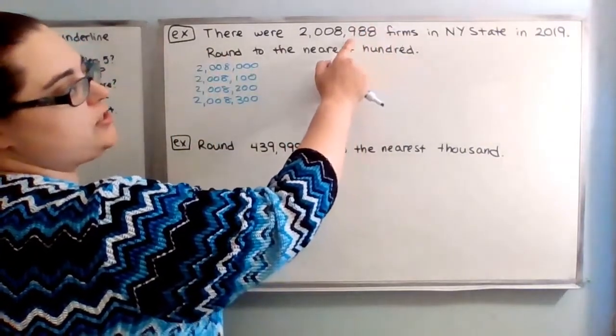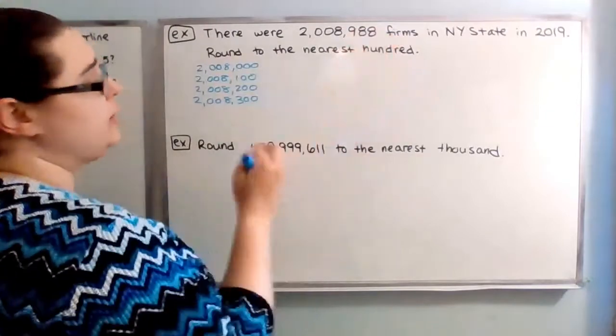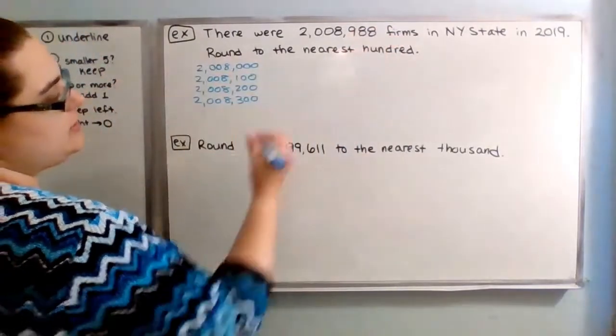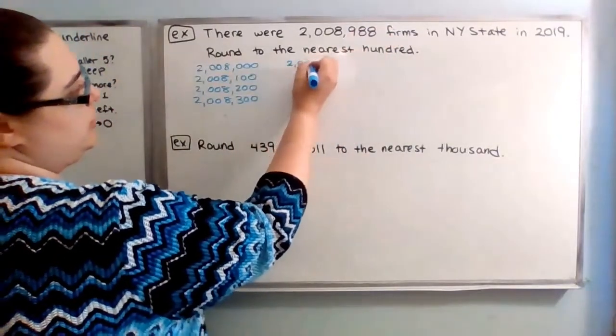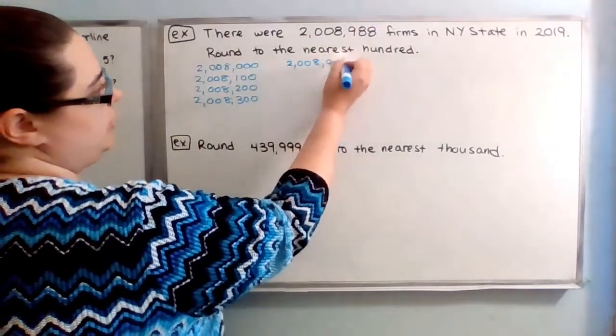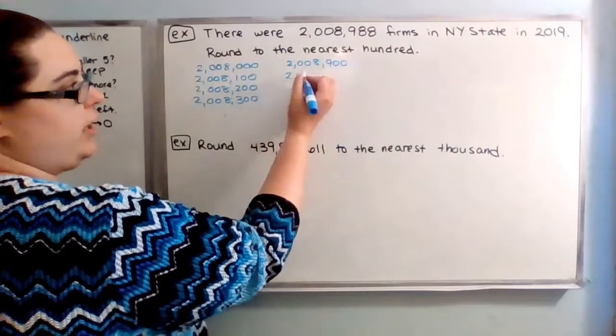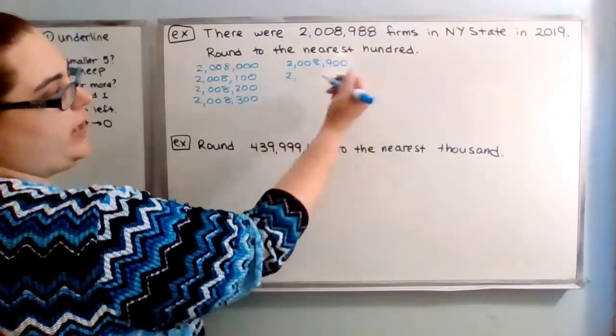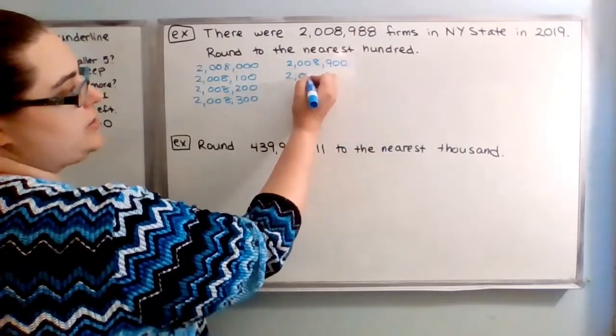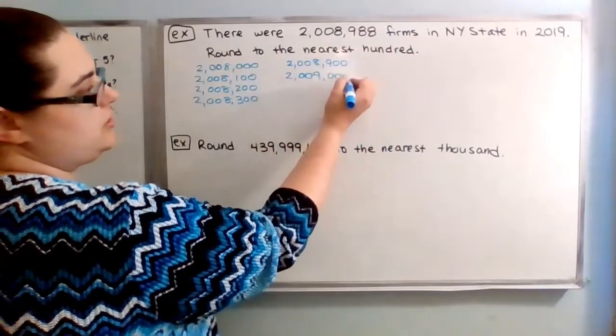So I notice that this is starting out with 900 something. So at some point, this list is going to bring me to 2,008,900. And then if I continue adding 100 after that, 8,900, if I add another 100 to that, is going to bring me to 9,000.